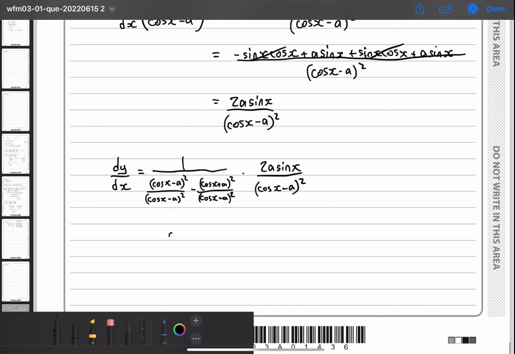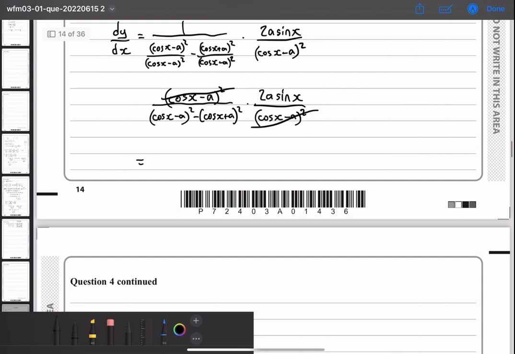So that's all going to become cos x minus a squared divided by cos x minus a squared minus cos x plus a squared times by 2a sine x over cos x minus a squared, and that's great because all of that cancels with all of that.